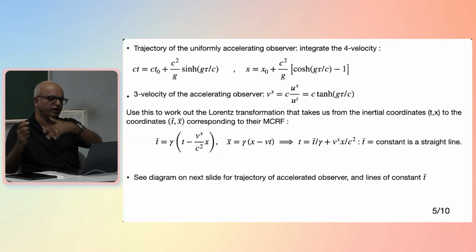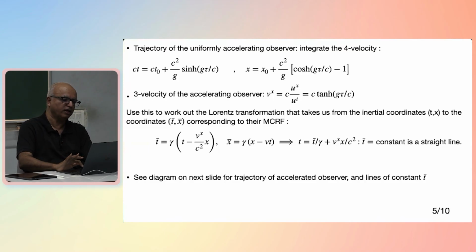So you need a different MCRF. That MCRF, let us say, has coordinates t bar, x bar. How can you find those coordinates? Make a Lorentz transformation. If momentarily your 3 speed is Vx, you will find your MCRF coordinates by making this Lorentz transformation.